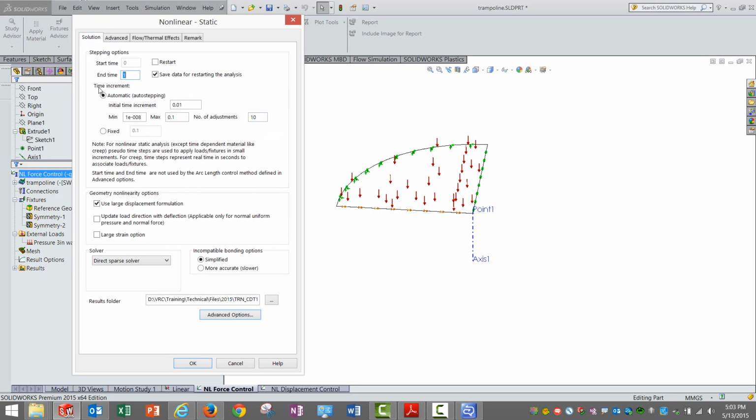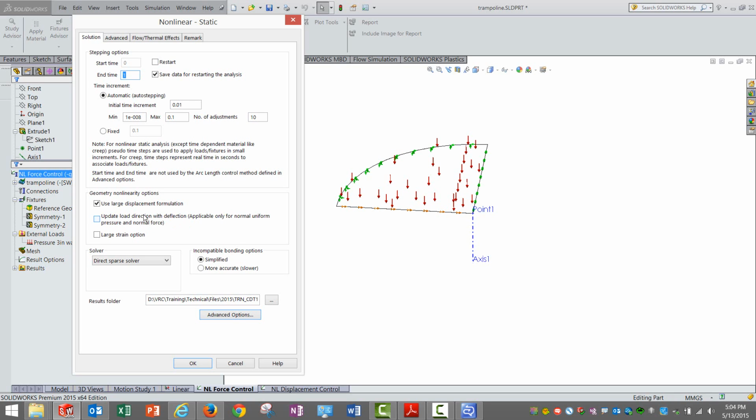What else is important? Yes, one thing which I would like to highlight here, the update load direction with deformation. Typically, or logically, we might say that it needs to be selected, since the force on the trampoline is changing with the change in directions.